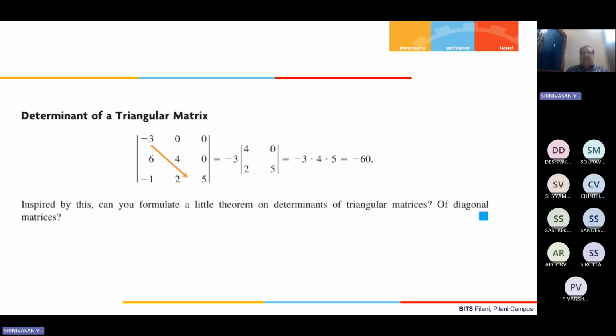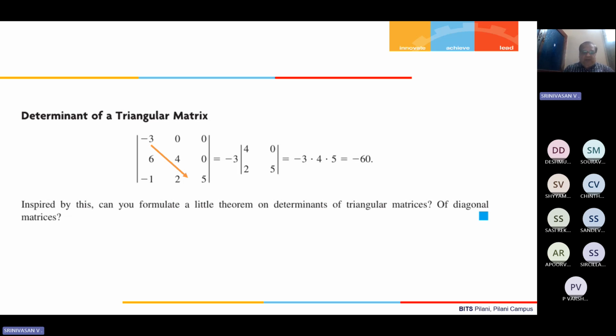Now, there is one question. Inspired by this, can you formulate a little theorem on determinants of triangular matrices? Diagonal matrices we will discuss later. It is too early to talk about this, even though I think we were exposed to diagonal matrices also under the types of matrices.